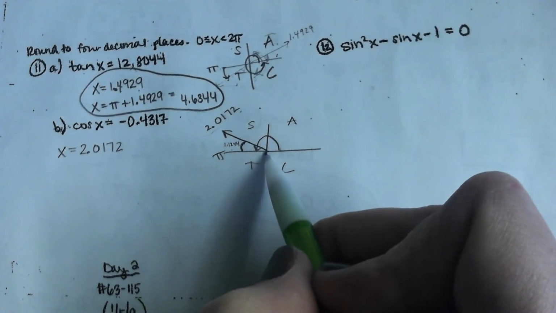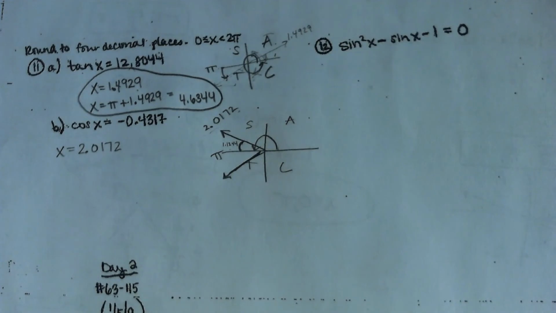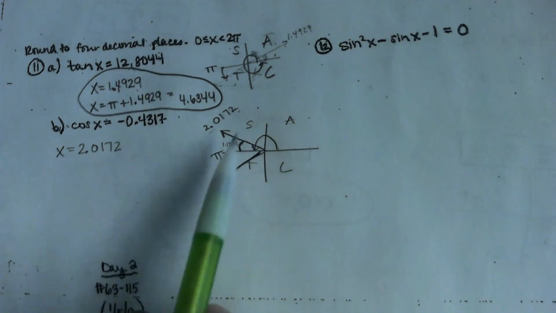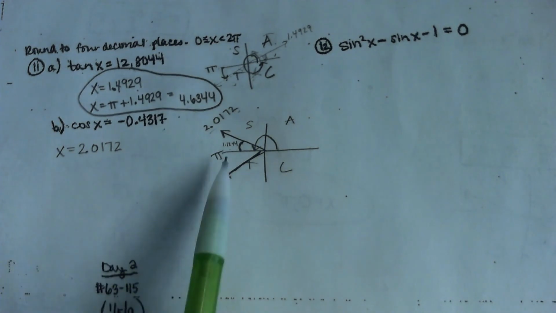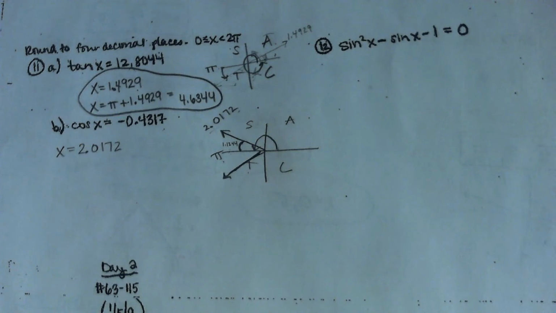So to get the third quadrant's version of this angle that has a cosine that's negative, I need to start with pi, and I need to add that reference angle onto it.